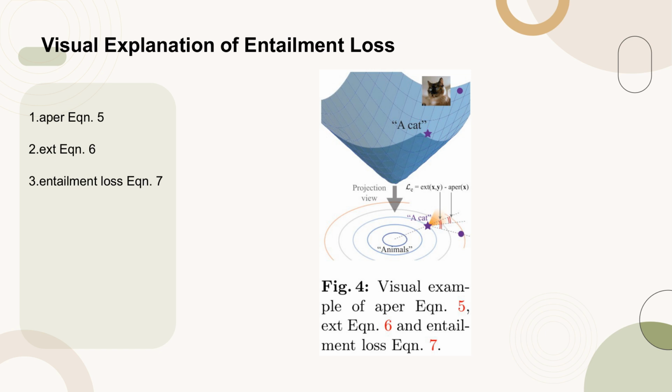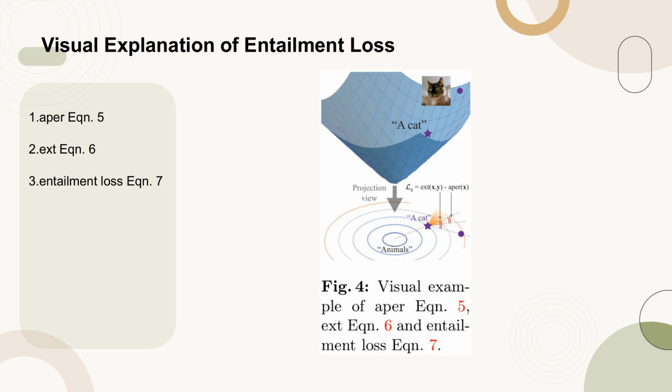Figure 4 provides a visual explanation of the aperture equation, Eqn 5, the exterior angle equation, Eqn 6, and the entailment loss equation, Eqn 7. These equations are crucial for understanding the hyperbolic trigonometry involved in the relationship between image and text embeddings.